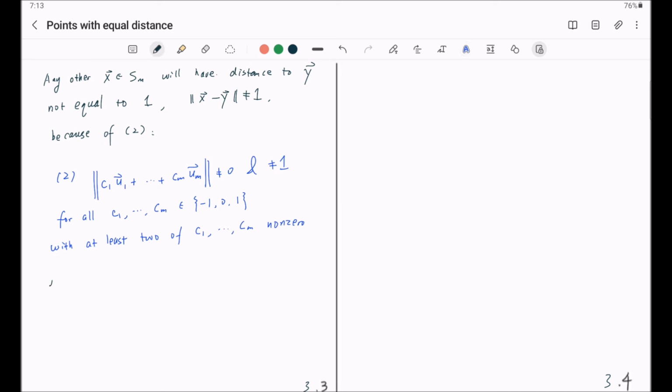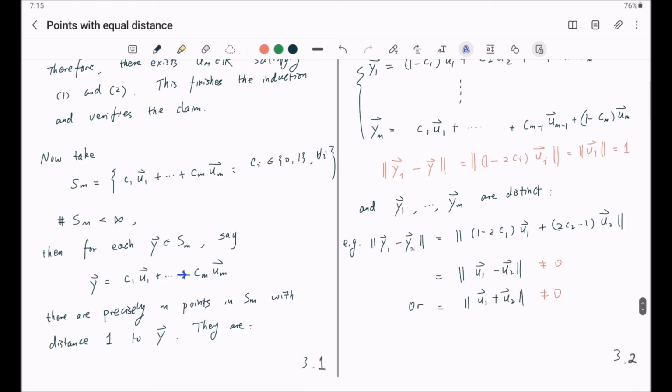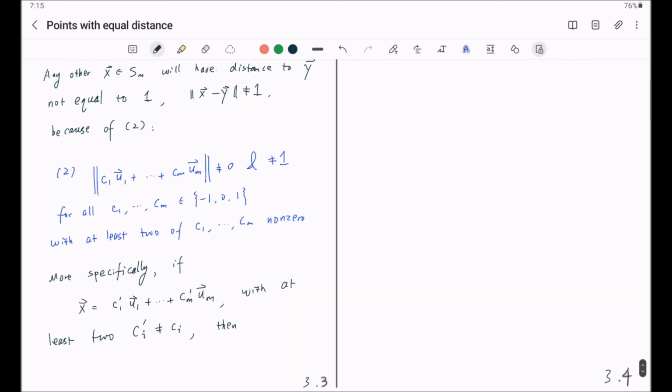So more specifically, if X is this linear combination with at least 2 C sub I prime not equal to C sub I, where C sub I is the coefficient of U sub I in Y, then if you look at the distance of the difference, this guy must not be equal to 1 by the property 2, since there are at least two coefficients non-zero.